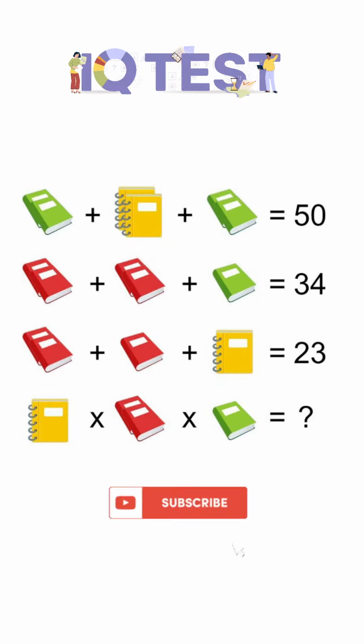So yellow multiplied by 2 red multiplied by green will be equal to 5 multiplied by 2 into bracket 6 bracket close multiplied by 10.